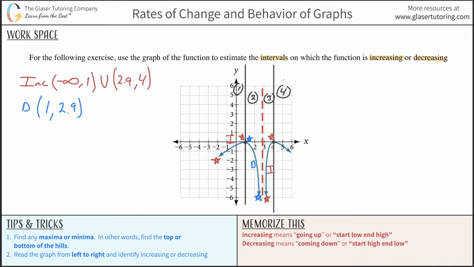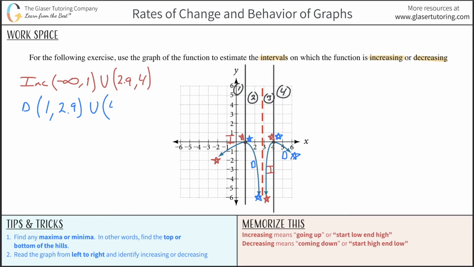Last but not least, we have the fourth interval that we have to identify. Again, reading this part of the graph, starting at the left, going all the way to the right, we're starting high, we're ending low. It sounds like it's decreasing to me. So therefore, I'm going to add a little union over here, a little u, and all we have to do now is label the x values of it.